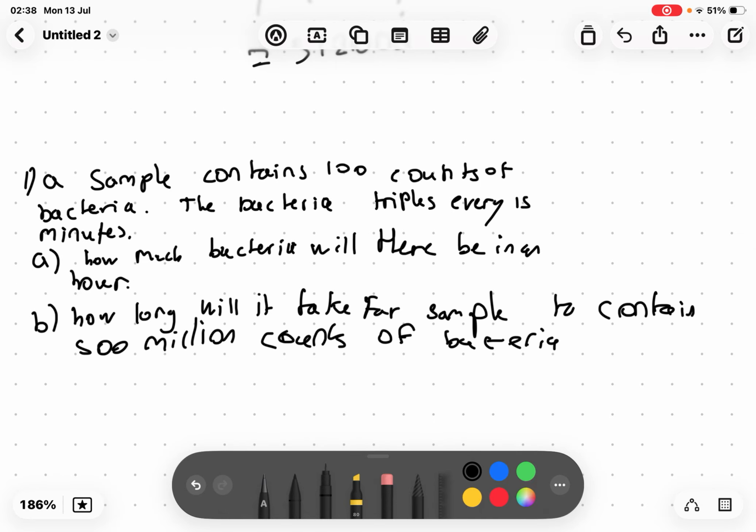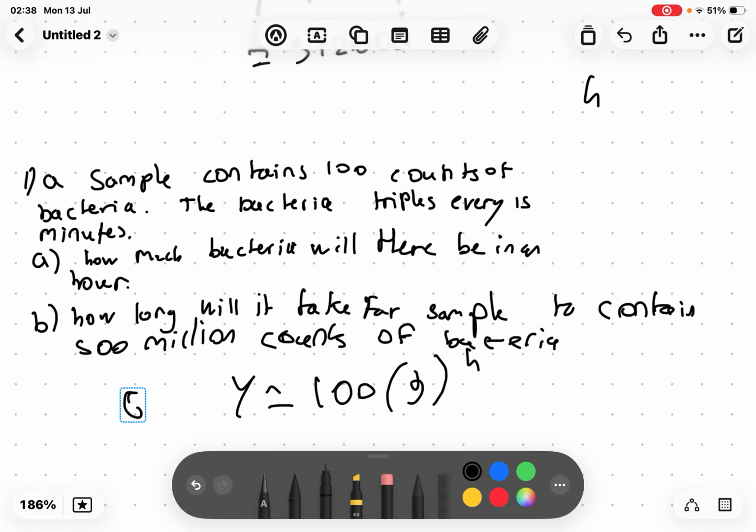Okay. Our sample contains 100 counts of bacteria. The bacteria triples every 15 minutes. How much bacteria will there be in an hour? Well, there are four 15 minutes in an hour, and we need to know how much increase, so we use y equals 100, b is 3, and the exponent is 4.